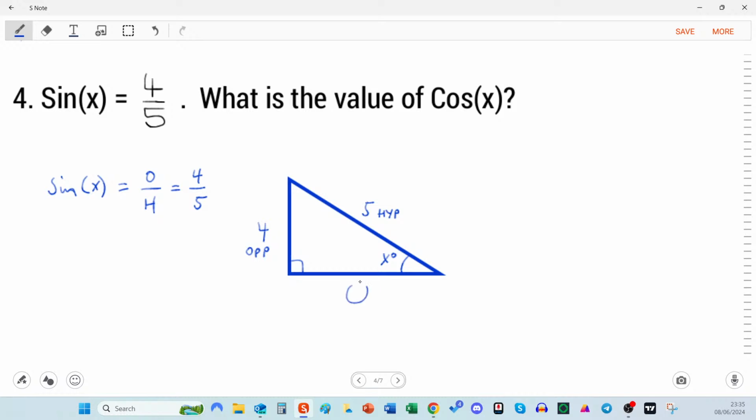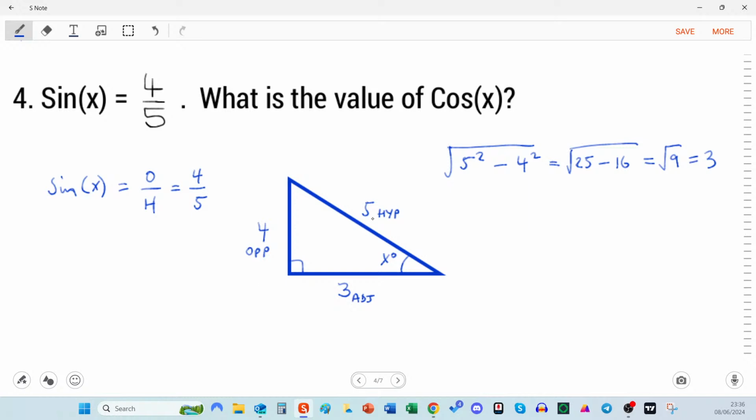The last side can be found with trigonometry, so Pythagoras. So we got 5 squared, take away 4 squared, square rooted. That's 25 take away 16, which is the square root of 9, which is 3. So this bottom side is 3. I could have told you that before calculations because this is a Pythagorean triple, 3, 4, 5. But that's advanced mode and not what we're here for now.